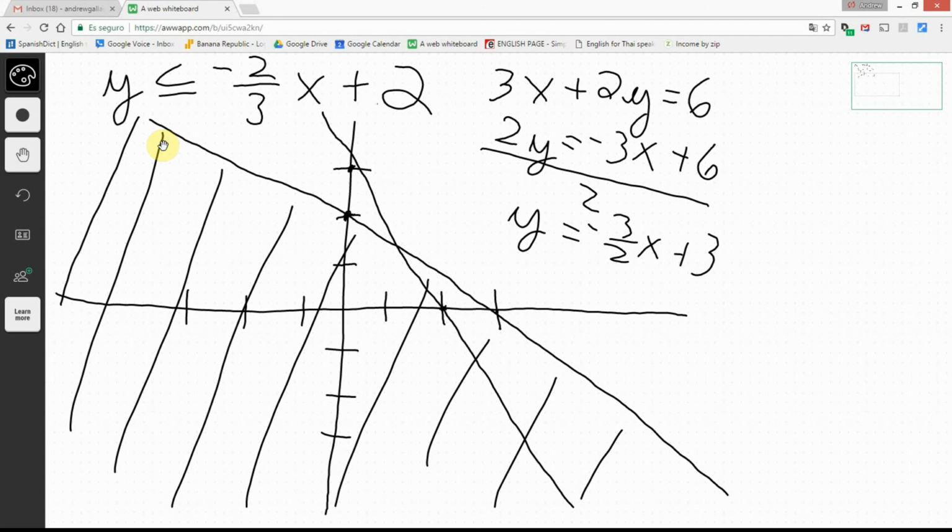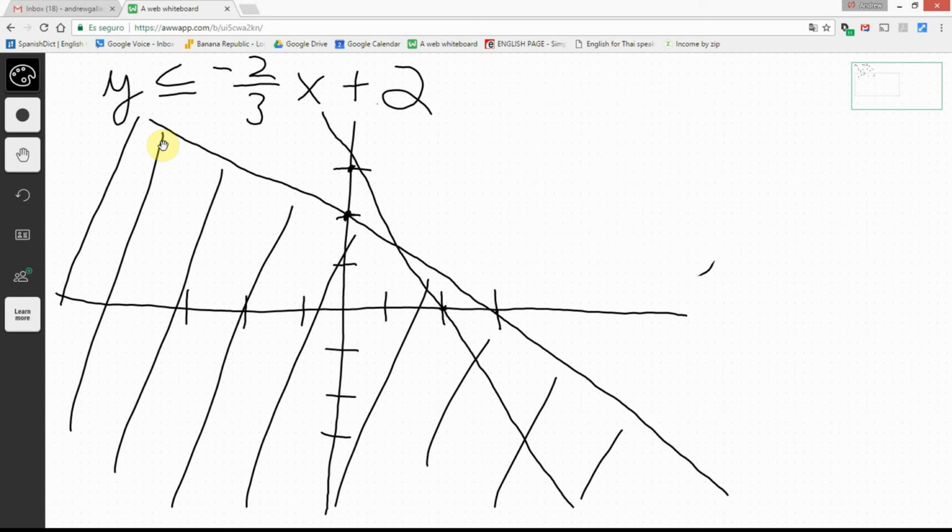Now, statement 2 tells us basically that R is less than 3 and S is less than 2. So again, I'm saying that that means X is less than 3, okay? I'm going to erase this here. It's getting too crowded over there. Excuse me. Now, statement 2 says that X is less than 3.